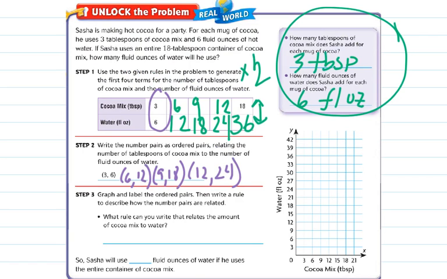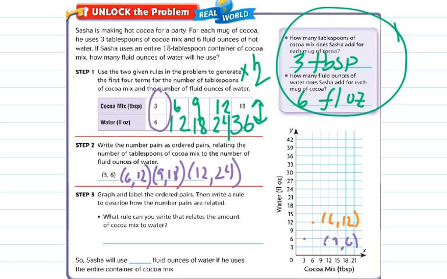So what I'm going to do is graph my ordered pairs. So we're going to go 3 up to 6. Your graphs might look a little bit better, boys and girls. Mine are a little sloppy just because my finger is not the best tool when I'm doing this. And then I'm going to go up to my next ordered pair, 6, 12.